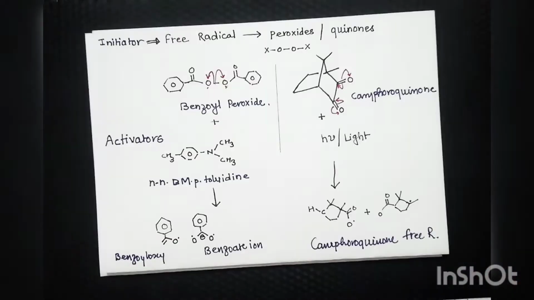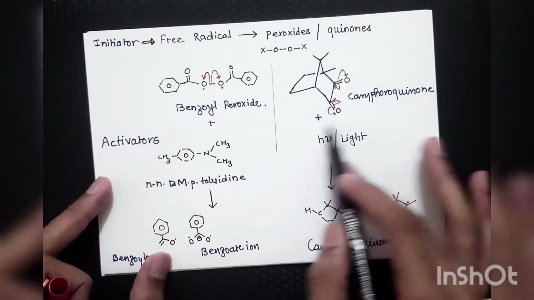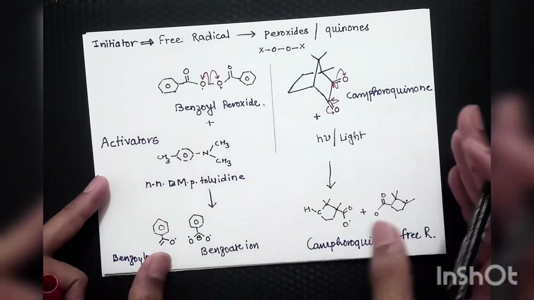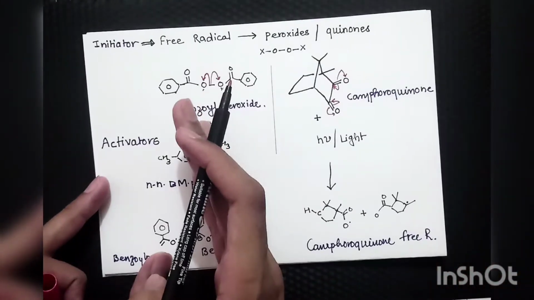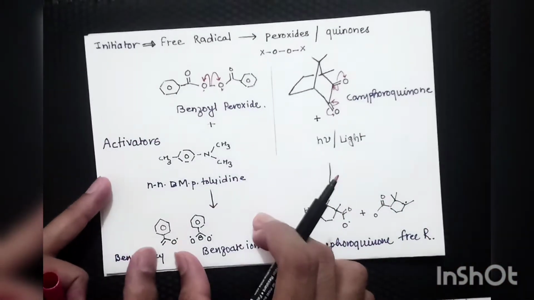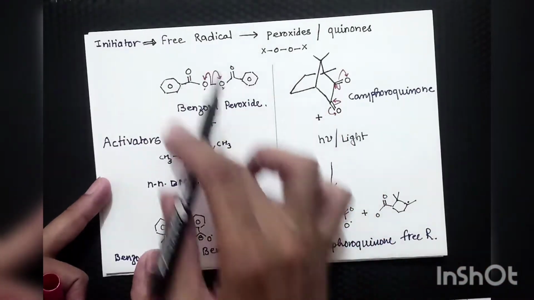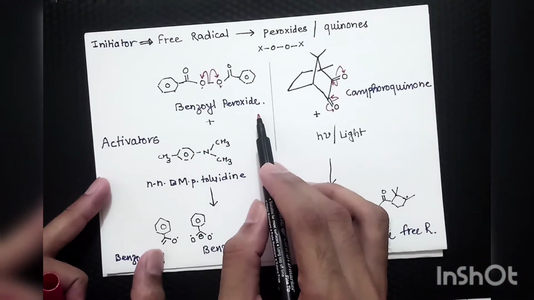Activators can be chemical or light. Based on these we have chemically cured resin or light cured resin. So these are chemically cured and these are light cured resins. The initiator in chemically cured resin is benzoyl peroxide.